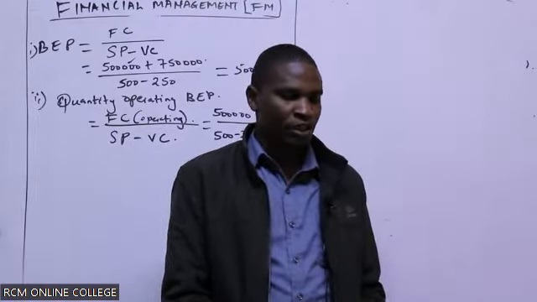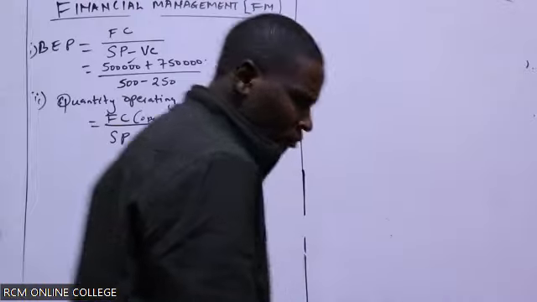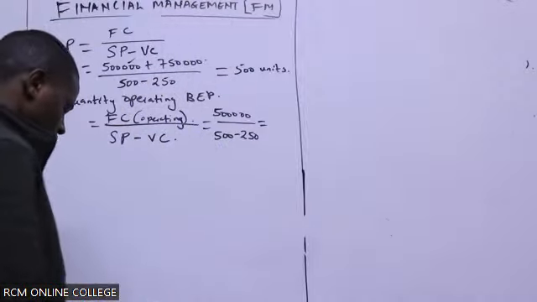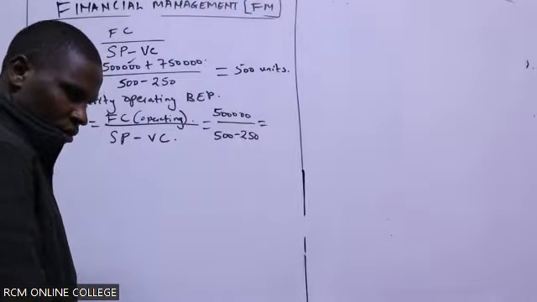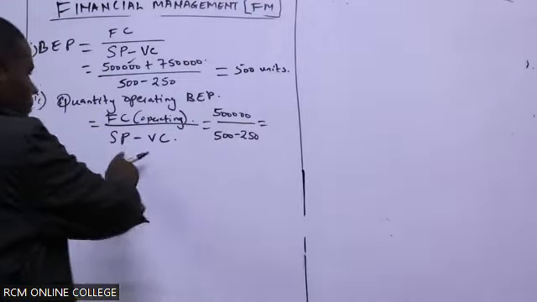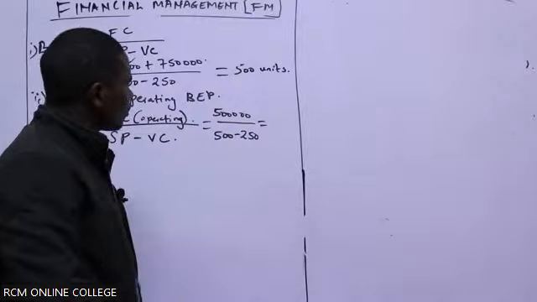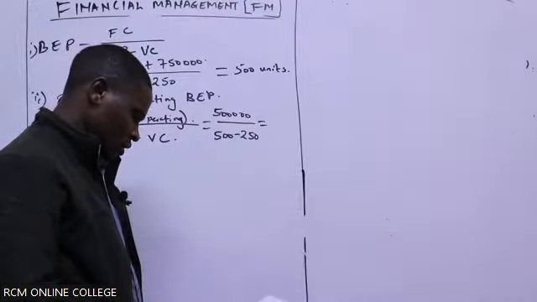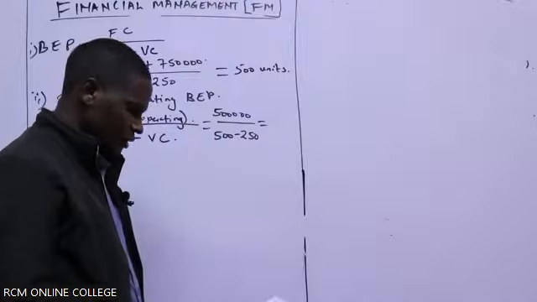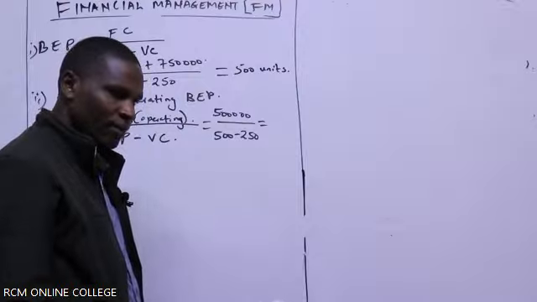Degree of operating leverage. Not 5. Aje? Tuambia it is 500. The selling price is 500. Mary, selling ama ni 5. Oh. Okay. Sasa tuone wewe unaangalia gani? Operating ni, look at the firm has a fixed operating cost of 500,000.